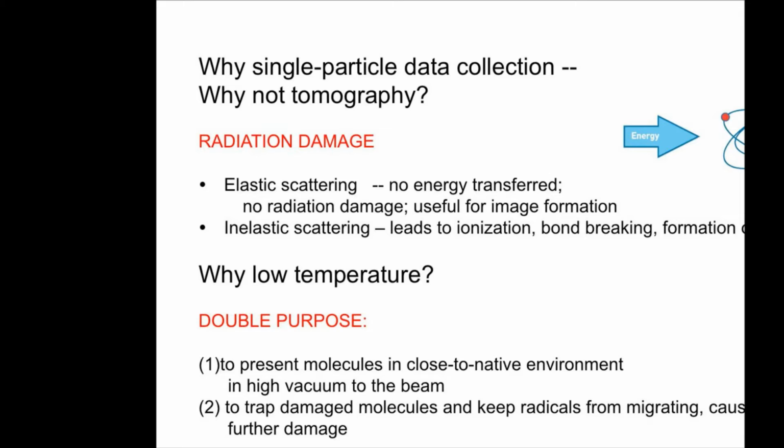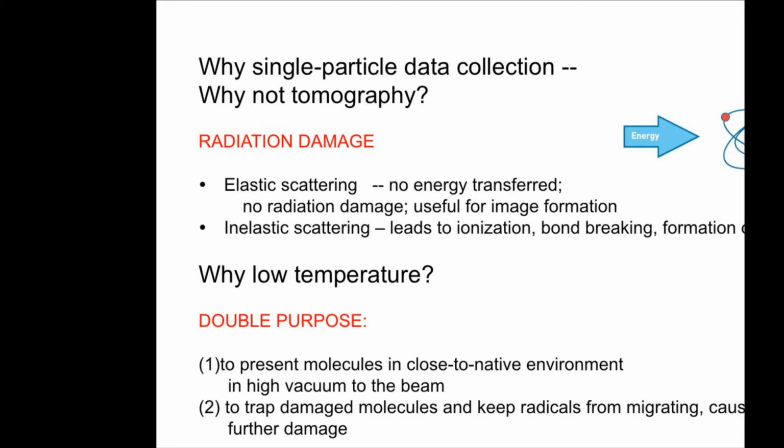So now, here we have the scattering geometry. There's a thin sample. It needs to be thin because otherwise we get multiple scattering and there's almost nothing left down here. So we have scattered electrons.